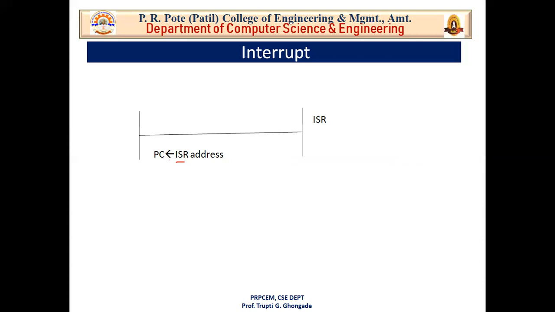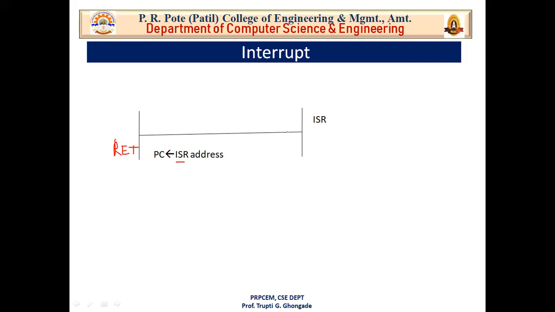Now we will reach here, that is, the return. Coming back to your main program, we need a return, so you go back to the next instruction. While coming back, your PC will get the return address.